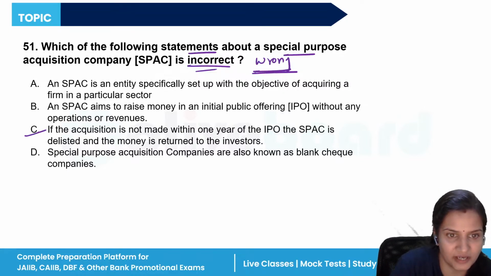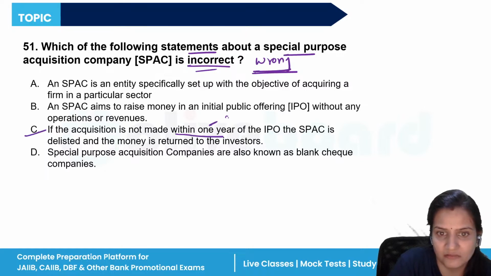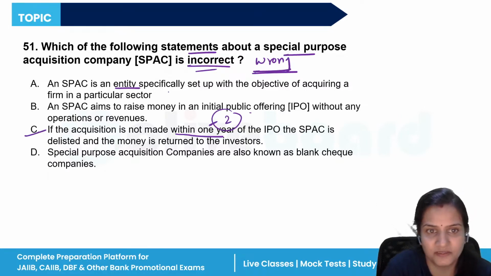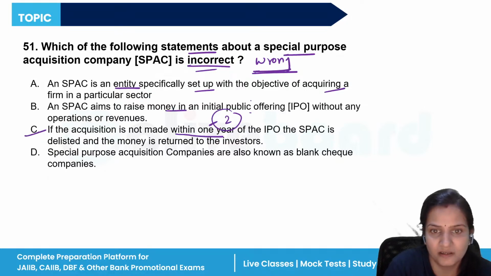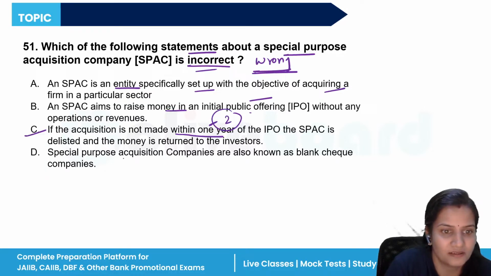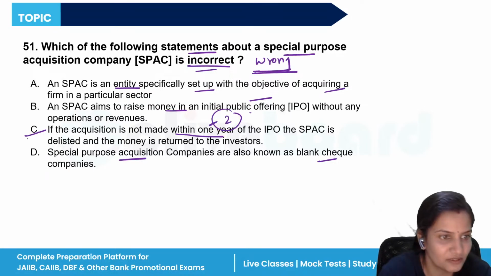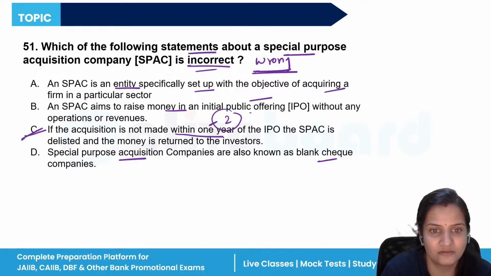If you read this statement, it is written within 1 year. But we have just studied that it is within 2 years. It is an entity specifically set up with the objective of acquiring a target company. It raises money with an IPO. SPACs are known as blank check companies. So all these statements are correct except the third one, which says 1 year; it should be within 2 years.